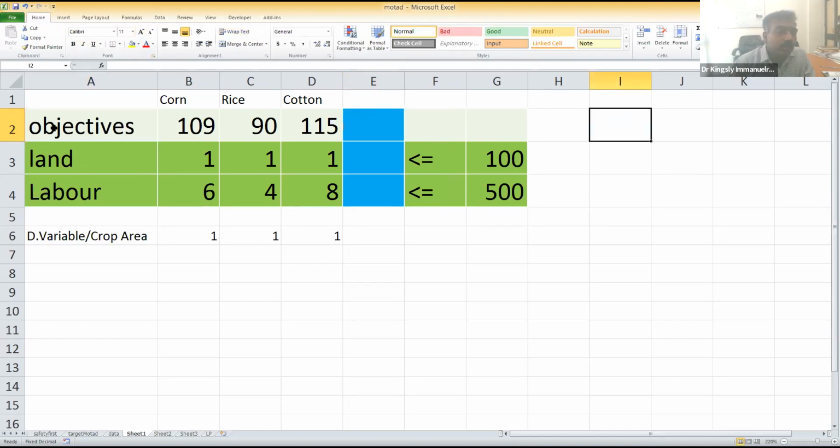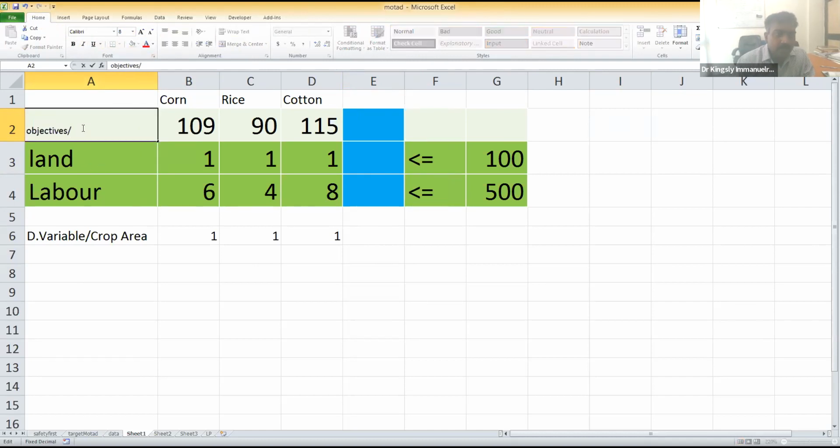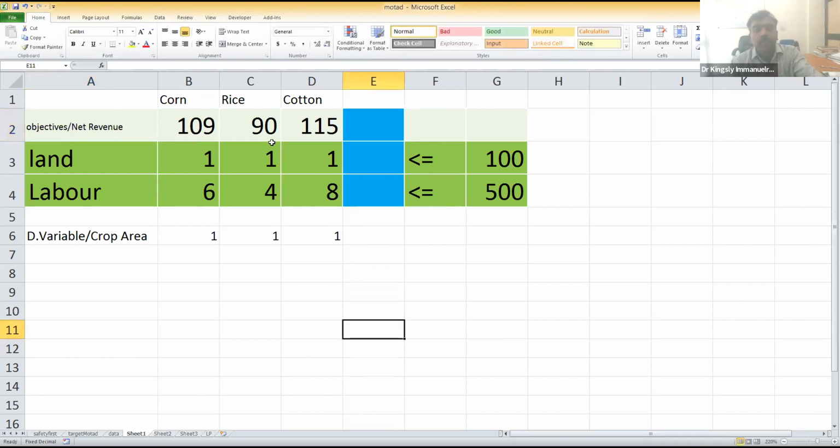I will write net revenue. Our objective is maximizing net revenue. So 109 is the net revenue from corn, rice is 90 rupees per hectare, cotton 115 per hectare. There is no doubt in it. Now I am going to write a formula for it. What is the formula of total net revenue from the farm?